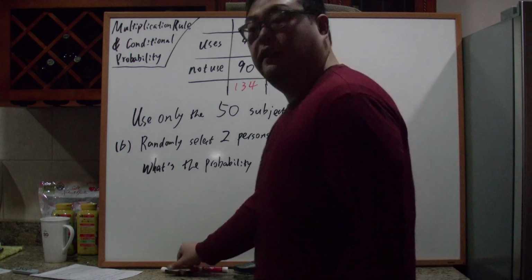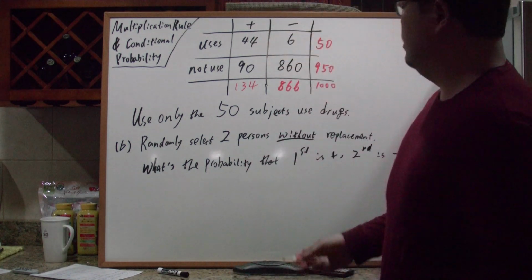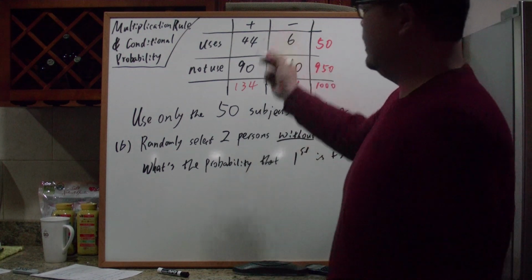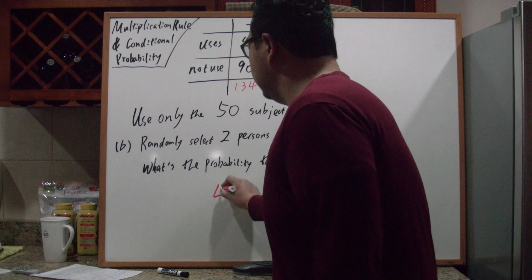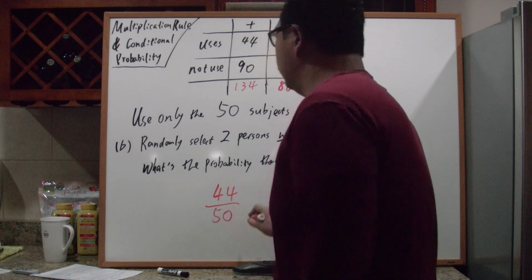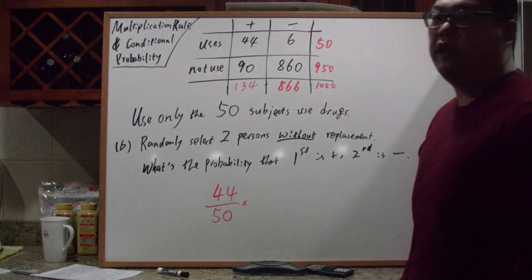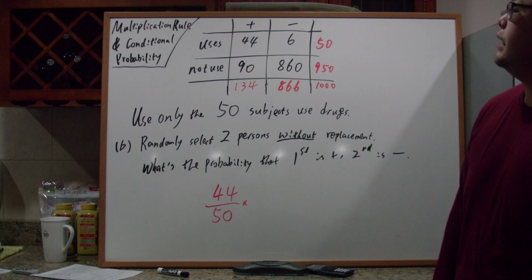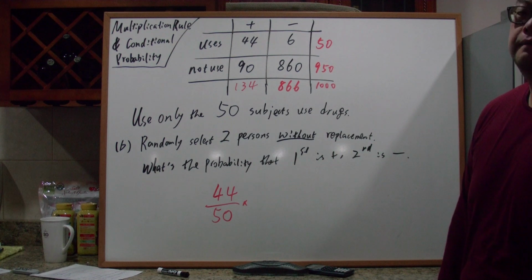That's the thing. So first is positive. We have just seen it already. That is select 44 positives out of 50 in total. Then multiply with the second probability. The second we want is a negative.